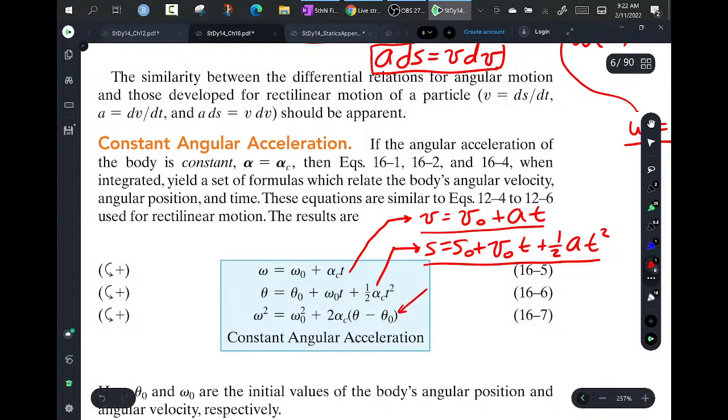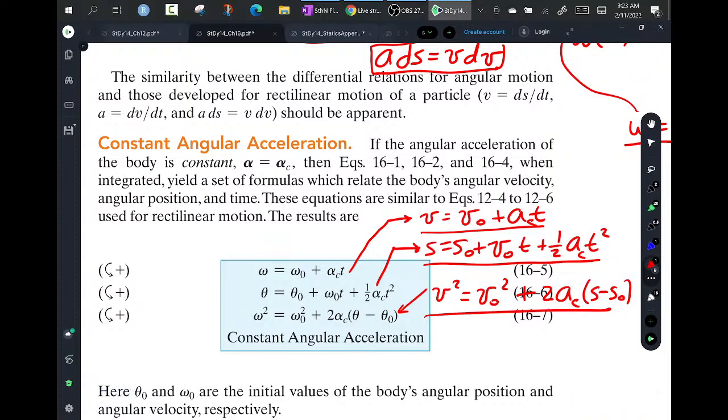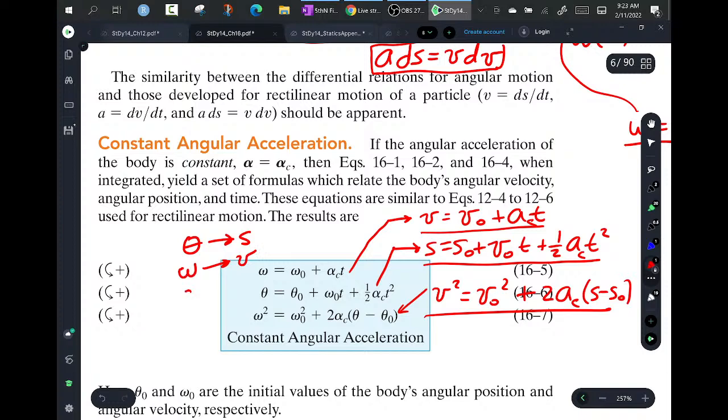And then of course you'll see that one too, which is less used, but v squared is equal to v naught squared plus 2 acceleration, now I should put a c here to designate that it's a constant, times s minus s naught. So that you'll find in the previous chapter. All I did is I replaced theta with s, omega with v, and alpha with acceleration. So you've seen this before. It's just a switch of terms.